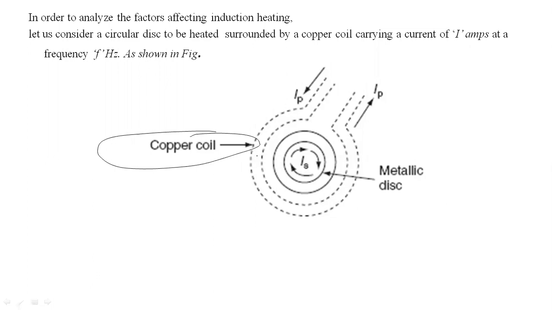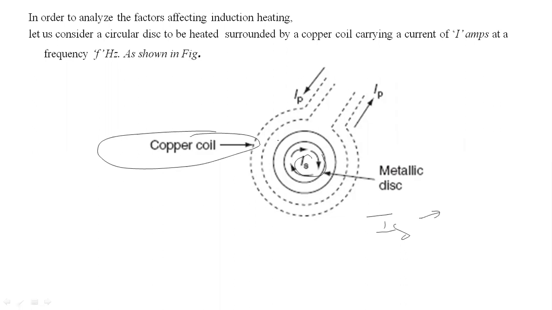Whenever a current is passed through this coil, due to electromagnetic induction, a current Is, that is nothing but the secondary current, is induced in this metallic disc.